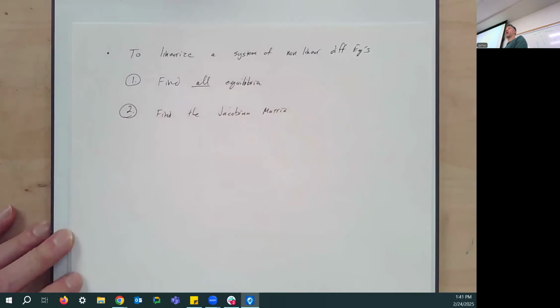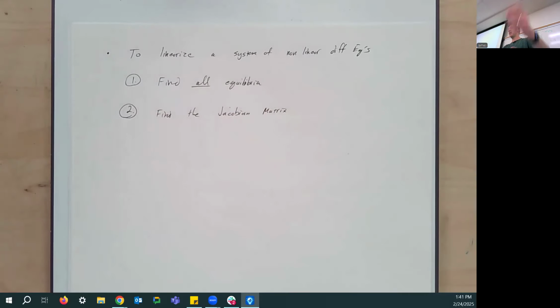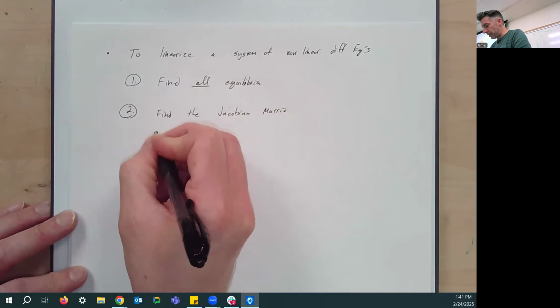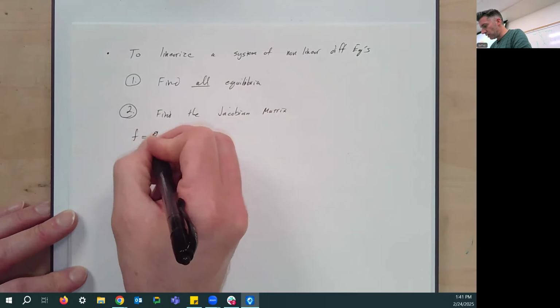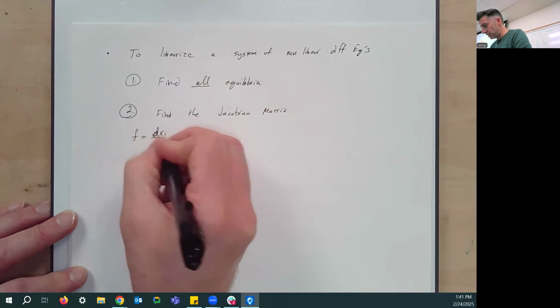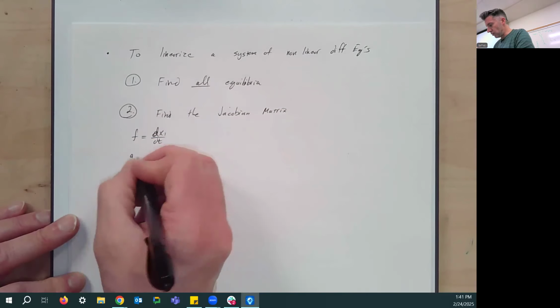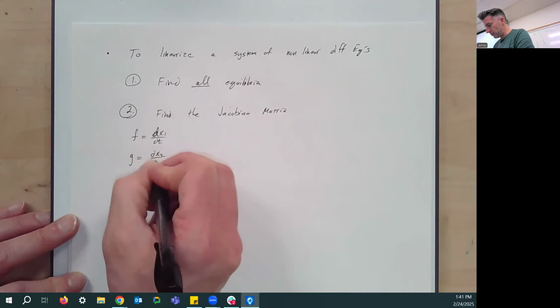I'll say a bit more here. Typically, when we do this, we imagine our first differential equation is F, our second differential equation is G. So we're usually imagining our first one as F equal to dx1/dt and G equal to dx2/dt.